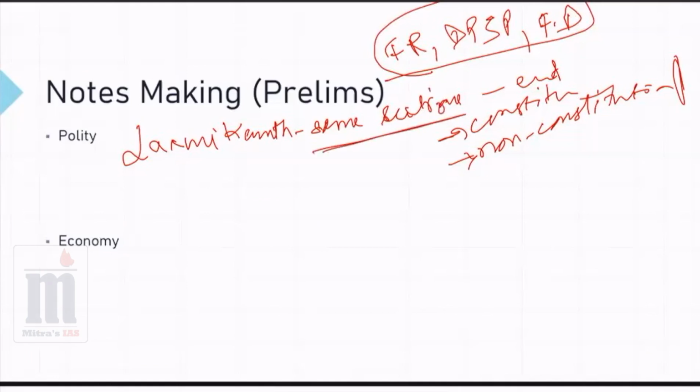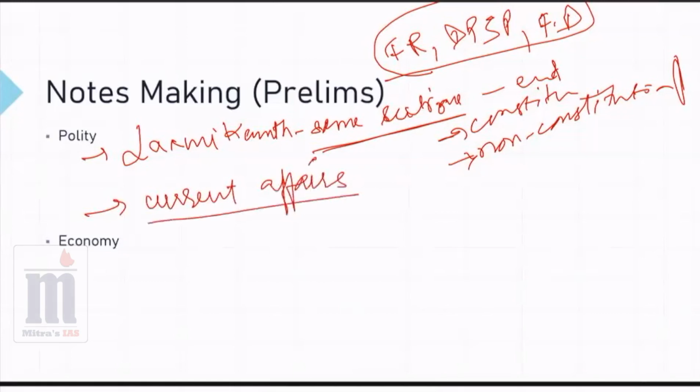And then I have actually explained how to make notes for prelims current affairs, so you can refer to my video to know how to prepare notes for polity. Also, this time I made notes of my mistakes.